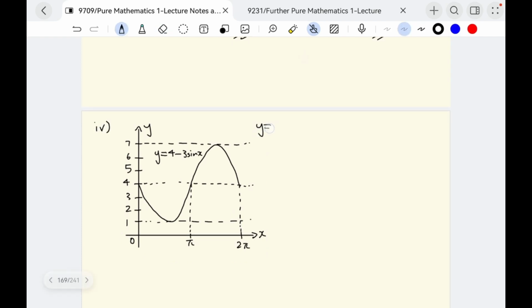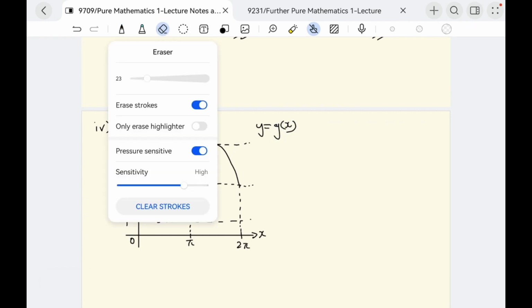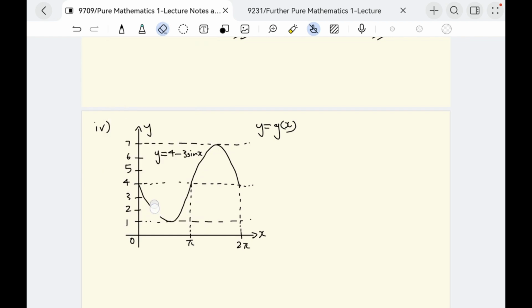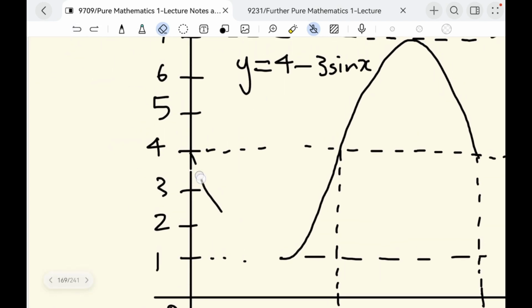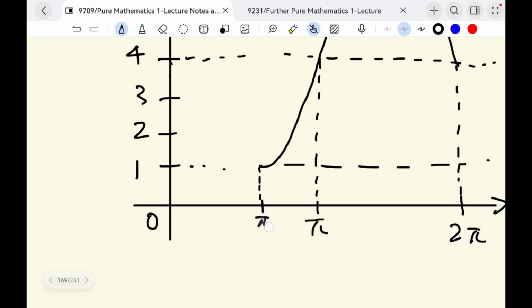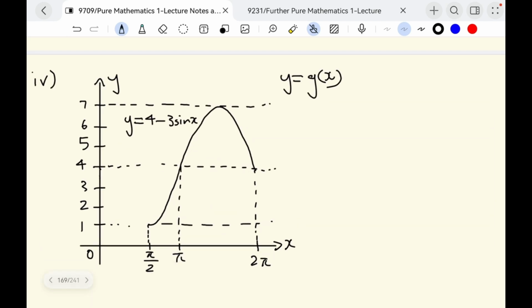Now let y equal g, and I may erase some of the domain here. So this is pi over 2 to a.